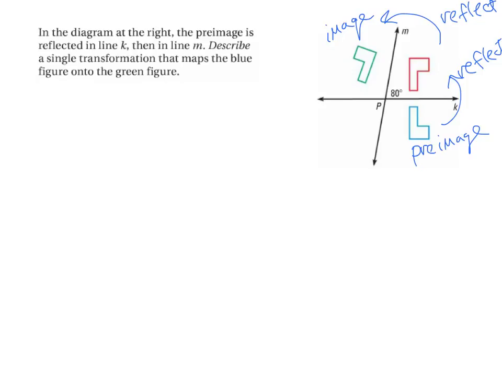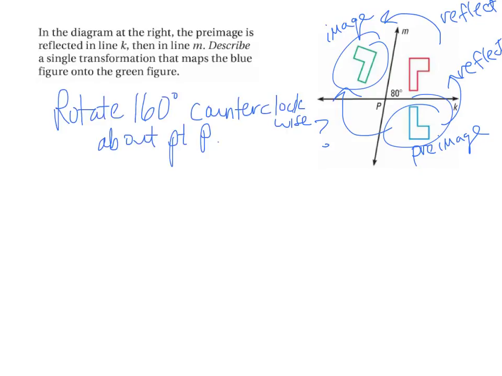How do we get from there to there? Basically you're rotating it 160 degrees about point P. And the reason I know it's counterclockwise is because we're reflecting in that direction, but also the reason I know it's 160 is because I need to take 80 times 2 and I get 160 degrees.